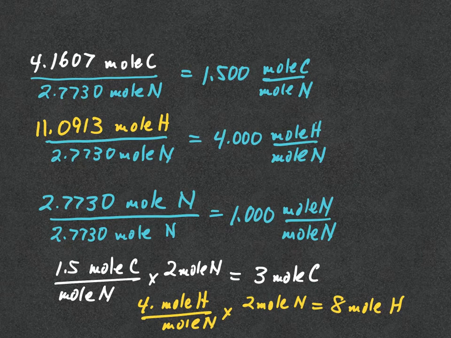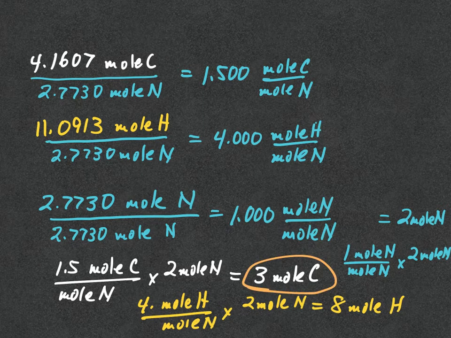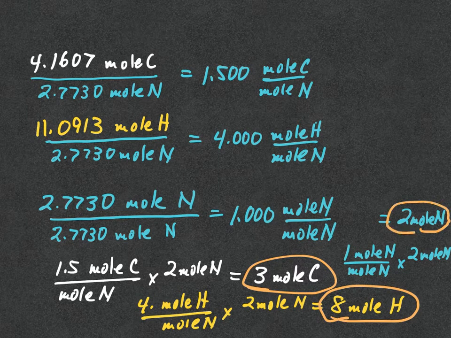And if we take our 1 mole of nitrogen per mole of nitrogen and multiply that by 2 moles of nitrogen, we get 2 moles of nitrogen. Right? Now we have a different ratio, 3 to 8 to 2.